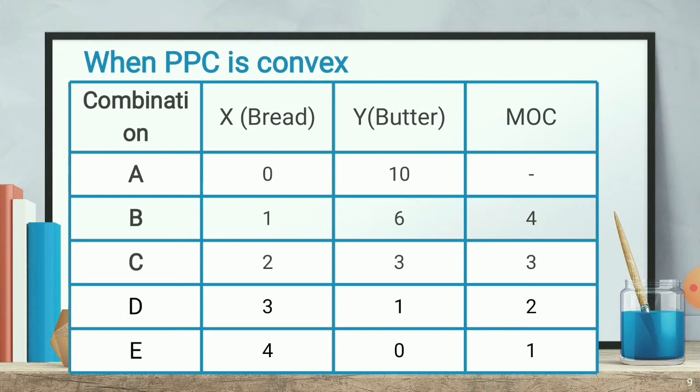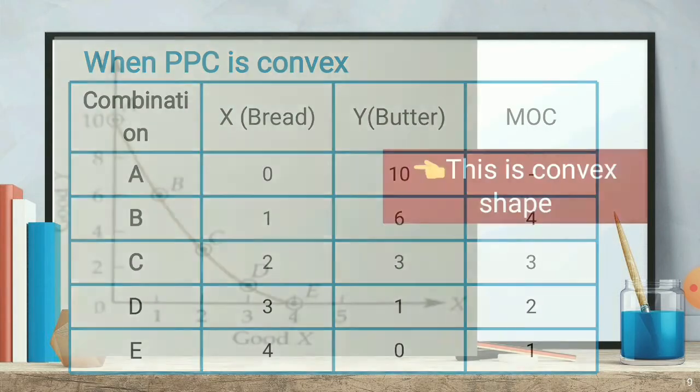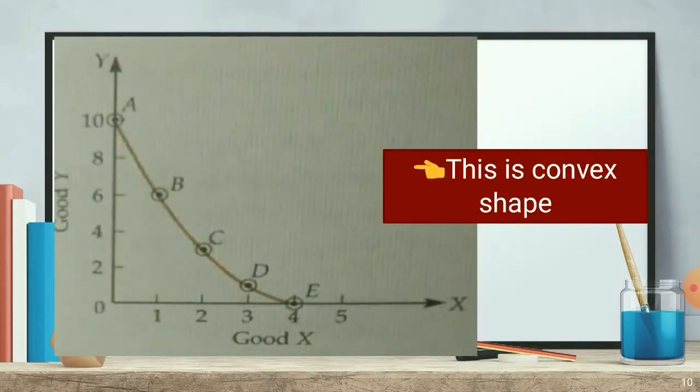Previously we saw that at 0 units of X, 10 units were produced with the same resource. We have assumed the resource to be workers. So here also the workers have been shifted to the production of X, so there will be a much bigger fall in the Y production, and in that way marginal opportunity cost is decreasing day by day: 4, 3, 2, 1. When we plot the diagram, it will be plotted like this.